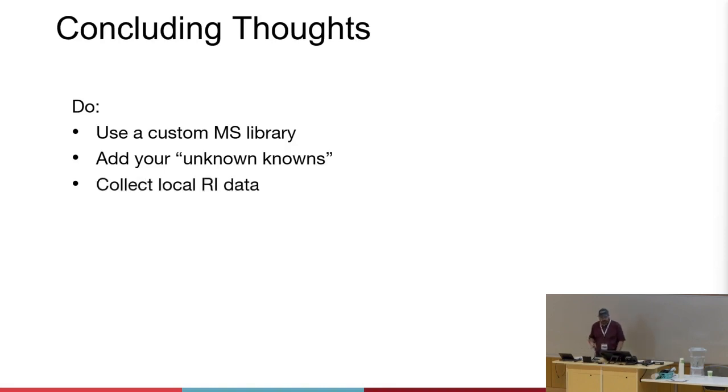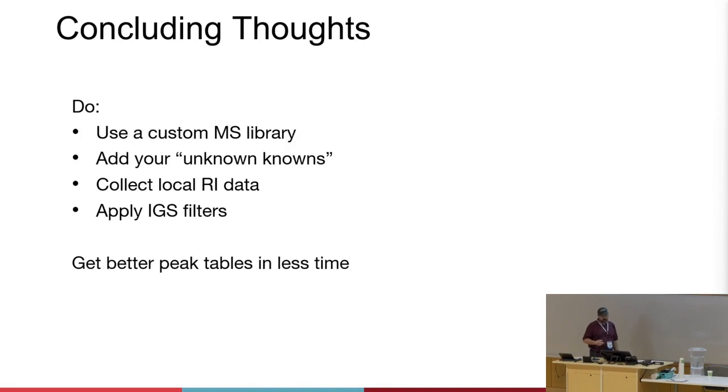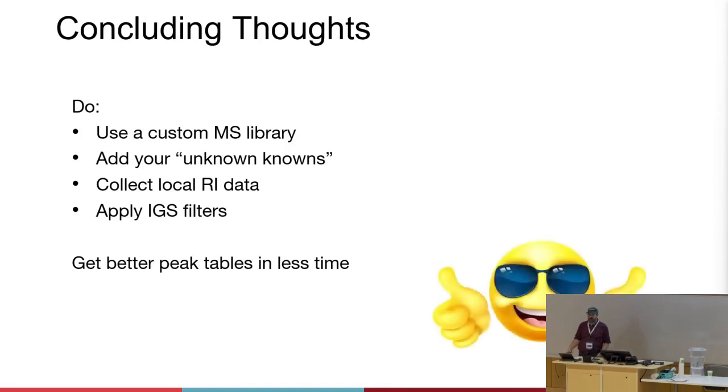Again, yes, collect your local retention index data. If you have it, apply the IGS filtering. If you're not using ChromaTOF with a high res, you can still do a lot of similar stuff afterwards in your peak tables with pretty simple scripts. And what all this does is it lets you get better peak tables in less time.